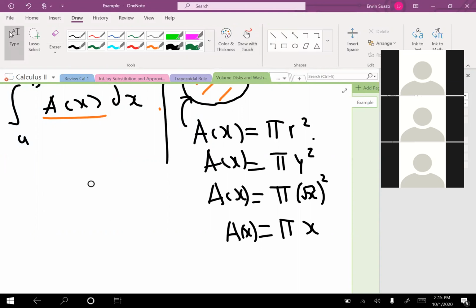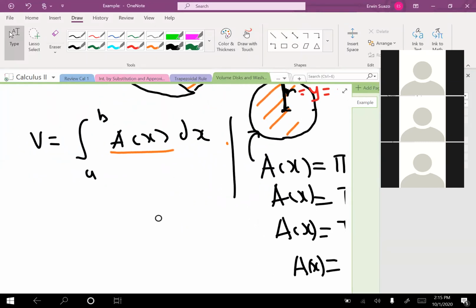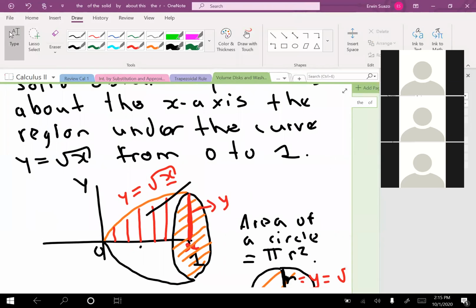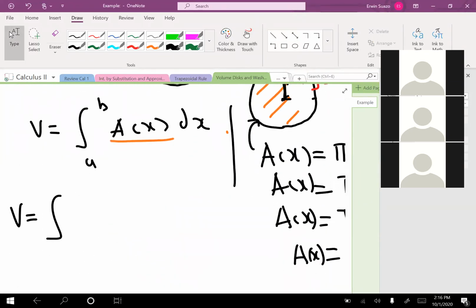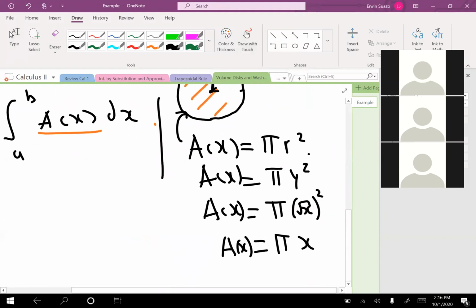So all I have to do now is find my integral. So my volume equals the integral. What are a and b? They told us from the beginning, you are integrating from 0 to 1. So integrate from 0 to 1, and instead of A of x, I have pi x.